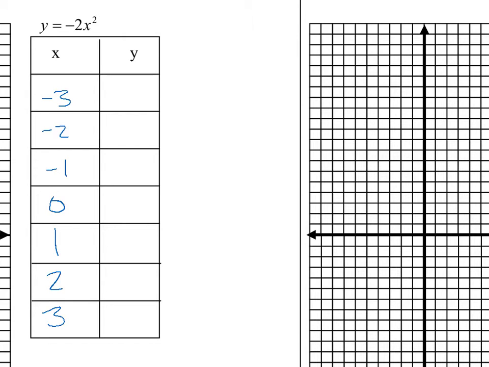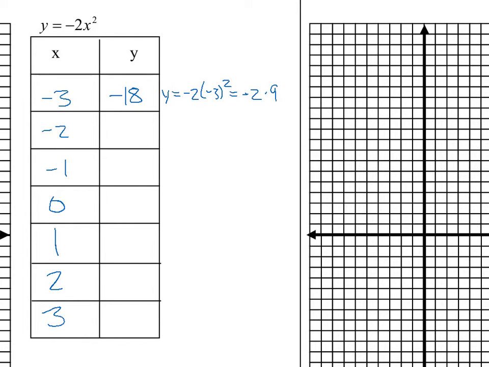So for this one, I've got y equals negative 2 times negative 3 squared. Negative 3 squared is negative 3 times negative 3, which is 9. So this is negative 2 times 9, which means this is negative 18.